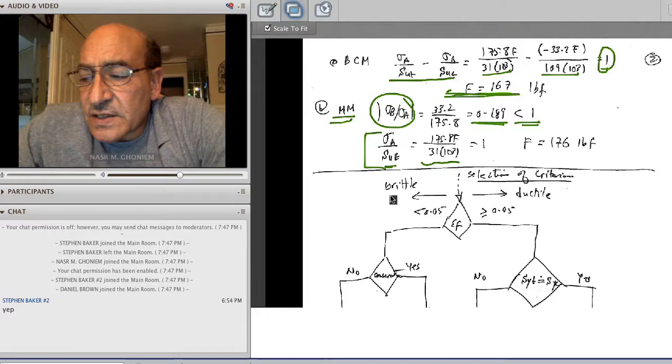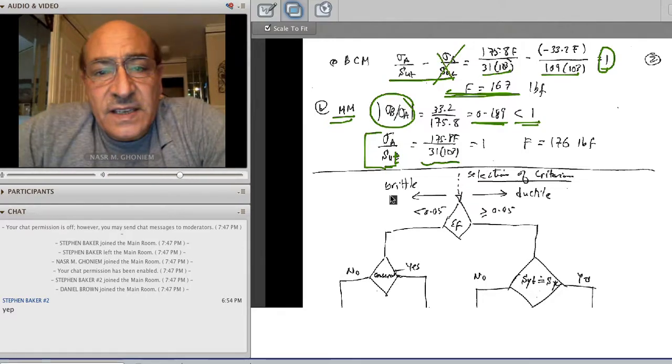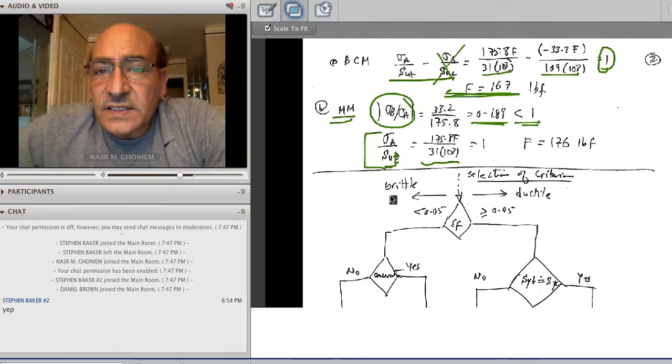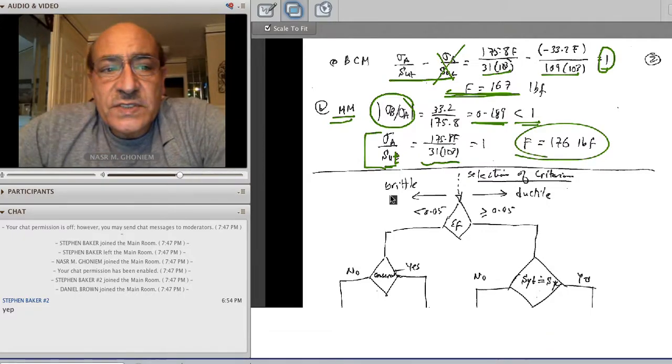And therefore, the effect of this part is not there because it's a modified Mohr. So it's a little bit less conservative, and we get a value of the force of 176.